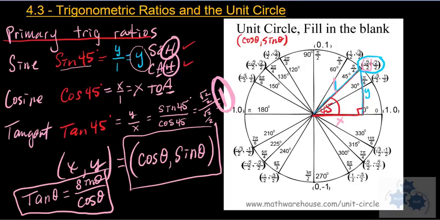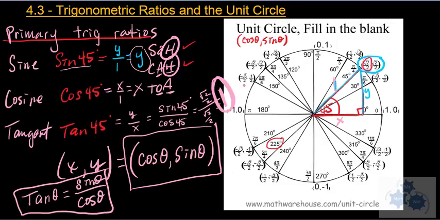Cos of 45, yes, is root 2 over 2. So what about the cos of 225? Here's 225 down here. So what's the cosine of 225? You don't have to look at adjacent over hypotenuse. You don't have to do any calculating. Okay, negative root 2 over 2.